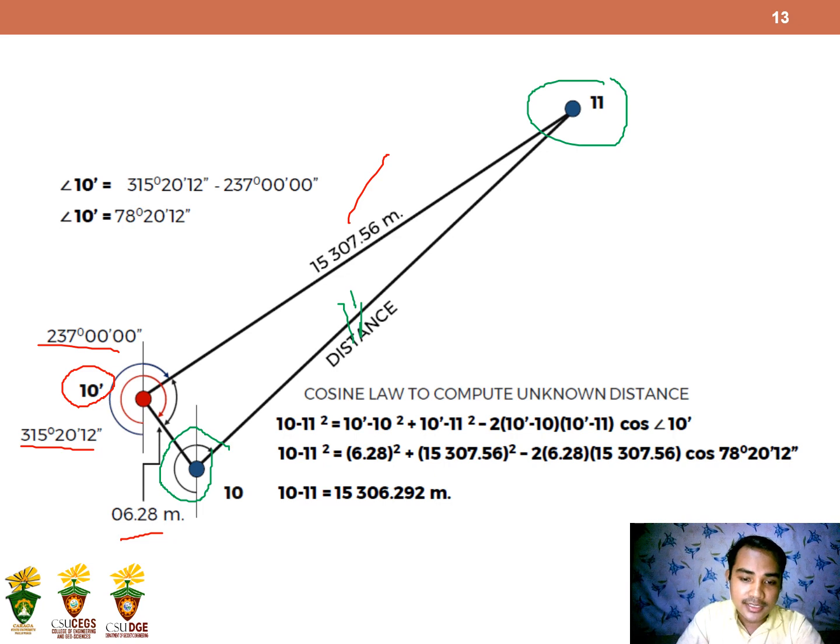The question is, what is the azimuth of station 10 to station 11? That is what we are looking for.